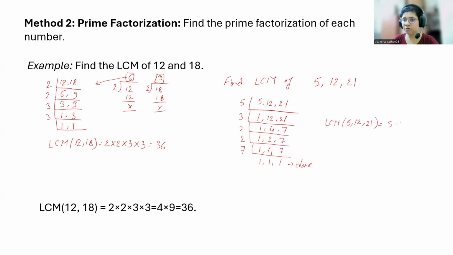So they are 5 into 3 into 2 into 2 into 7. You have to multiply this. 5 into 2 is 10, 10 into 2 is 20, into 7 into 3 is 21. So it is 420. So LCM is 420.